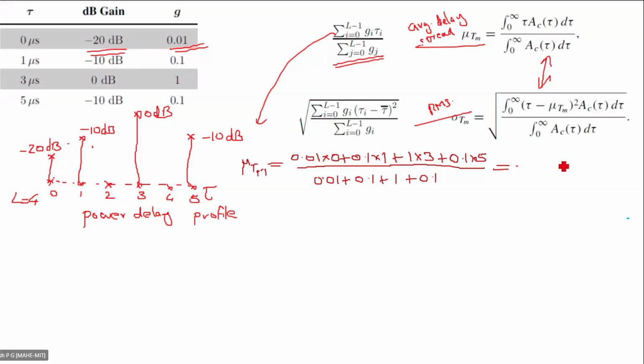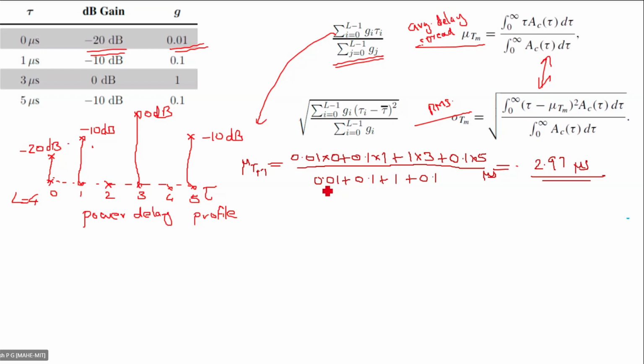Is it 2.97 microseconds? Yes, it is 2.97 microsecond. Remember, I haven't added any microsecond term here, so the answer is in microsecond. So the answer is 2.97 microsecond, and now we have the average delay spread.